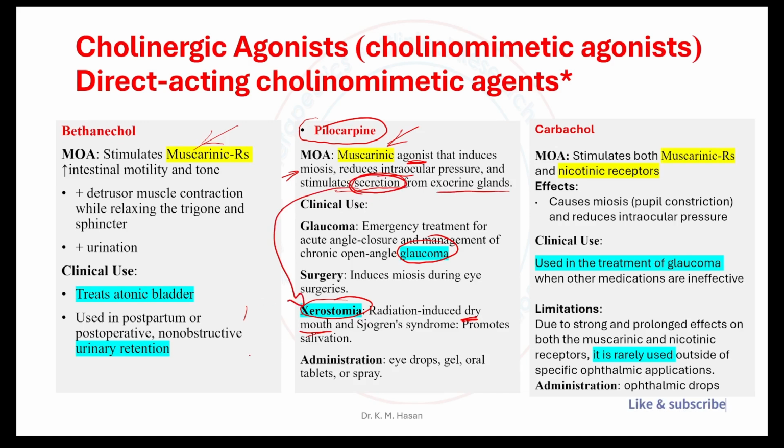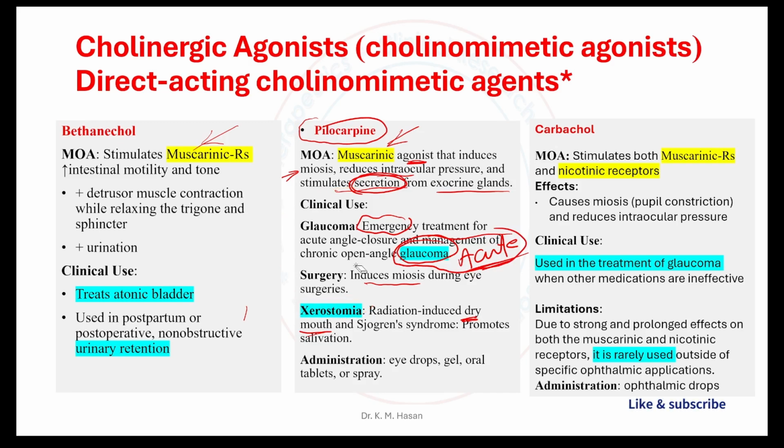Pilocarpine is used for emergency treatment: if the patient suffers from acute glaucoma, we use pilocarpine. Sometimes we use it to induce meiosis during eye surgery, but the main indication is emergency acute glaucoma.